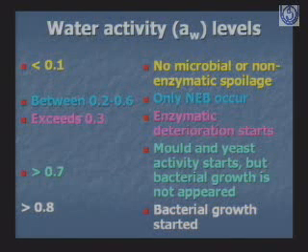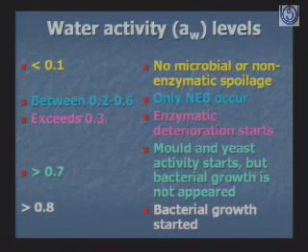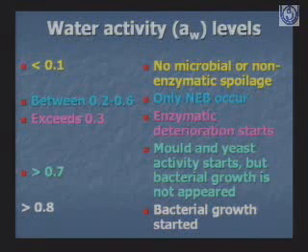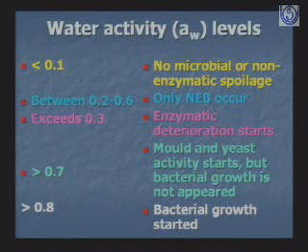Then coming to water activity and its effect on quality of the product. At less than 0.1 water activity, there is no microbial or non-enzymatic browning spoilage. If water activity is between 0.3 and 0.6, then only non-enzymatic browning occurs.